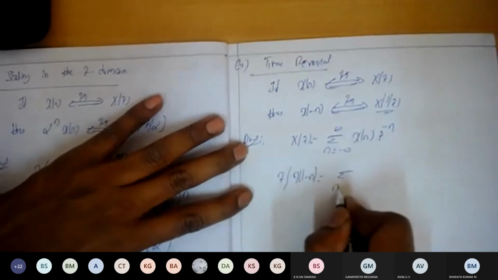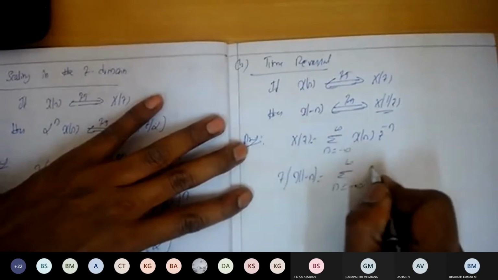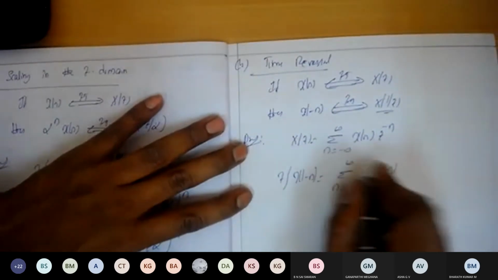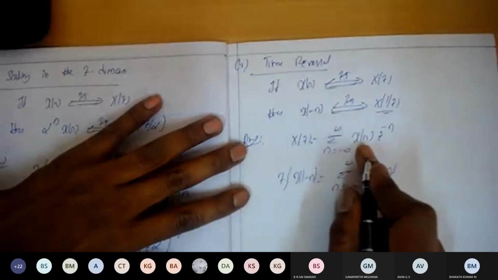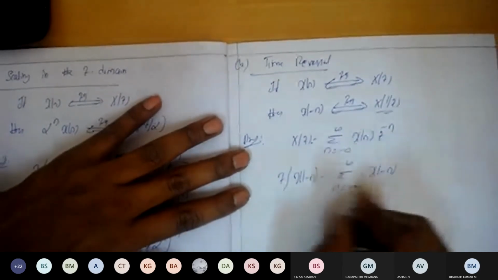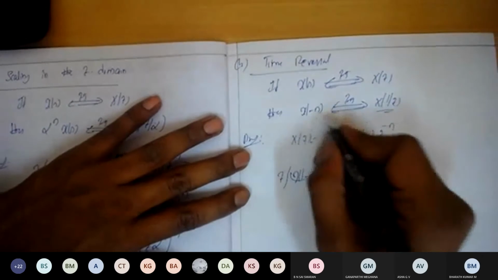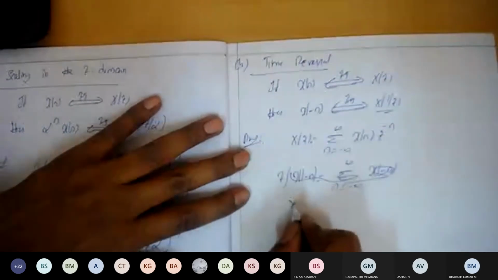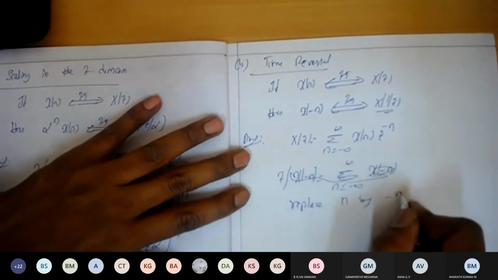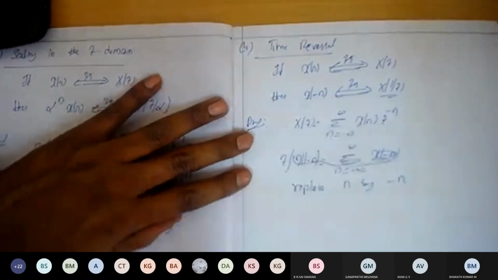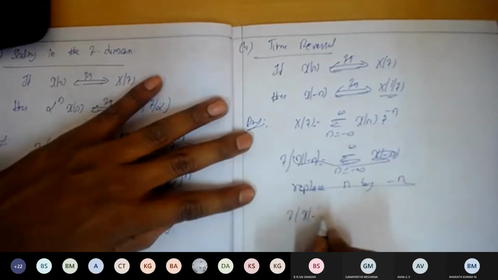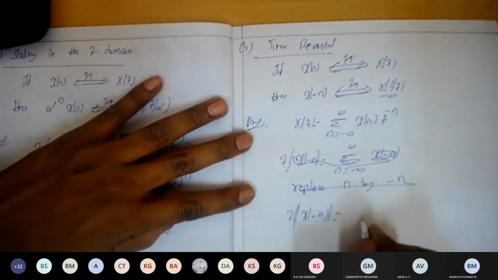So it has become summation n equals minus infinity to plus infinity x of minus n, or we can replace n by minus n here also, so that we'll get the required term here. Both the terms are the same. The proof can be done in this manner also. So replace n by minus n. Better you go for this method only, so that we'll get this one. Consider the z transform of x of minus n.